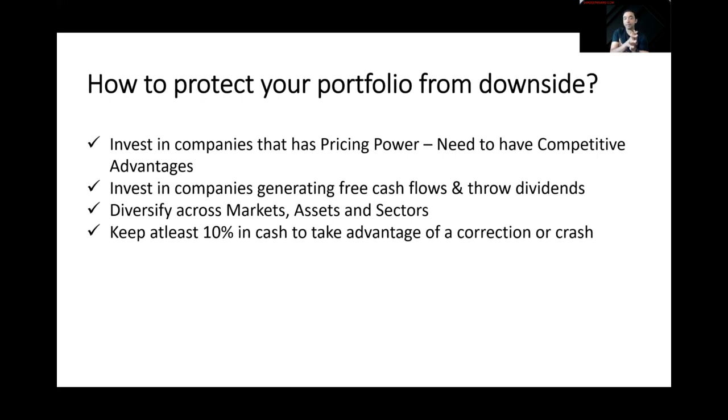Diversify across markets, assets and sectors, which is very important. Do not concentrate heavily on tech. I see a lot of investors with 90, 95, pretty much 100% of their portfolio in tech, which is high risk, because tech can be pricing in a lot ahead.